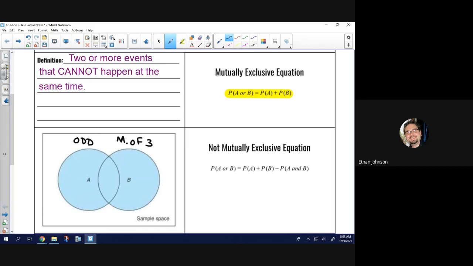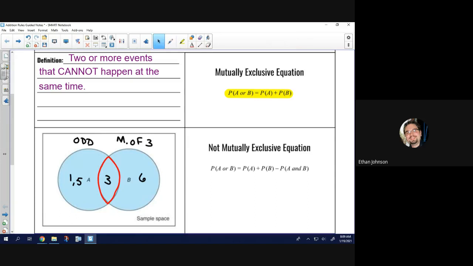Multiples of 3 would be 3 and 6. So 1, 5, and 3 are in my odd circle, but 3 and 6 are in my multiple of 3 circle. And because we have this overlap, that 3 is in both categories, it is not mutually exclusive.